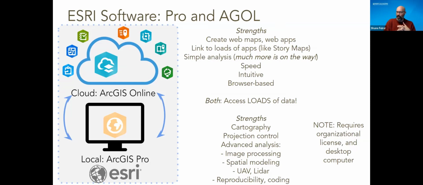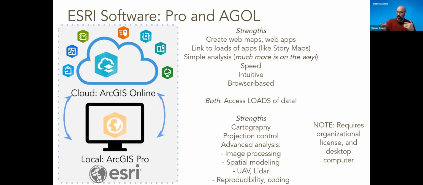If we talk about ArcGIS Online specifically, you can create web maps and web apps. You can link to loads of apps, like we mentioned, story maps being one of them. You can do simple analyses with vector data. They're starting to make it more powerful and giving us options to do raster analysis online, but that's just coming up. If you're in the UC system, you now have access to some of those licenses to work with rasters.